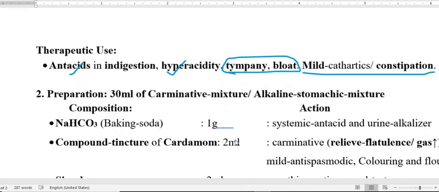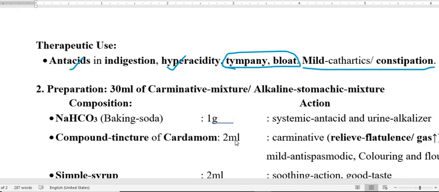So that is the therapeutic use of this Alba mixture: as per the constituents present in it, it is an antacid, so we use it as an antacid in digestion, in hyperacidity, and also in tympanitis and bloat, because gas is formed in the animal, and to relieve the formation as well as evacuation of the gas, we use a mixture like Alba mixture. So this is all about the Alba mixture.